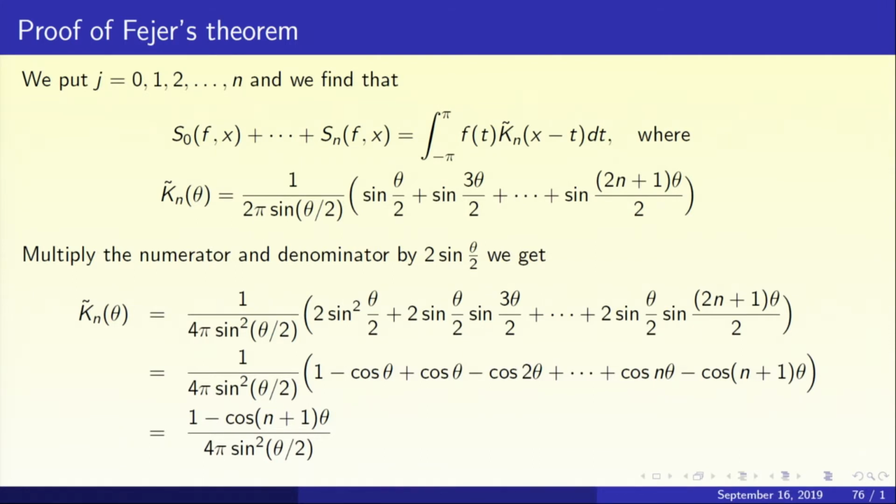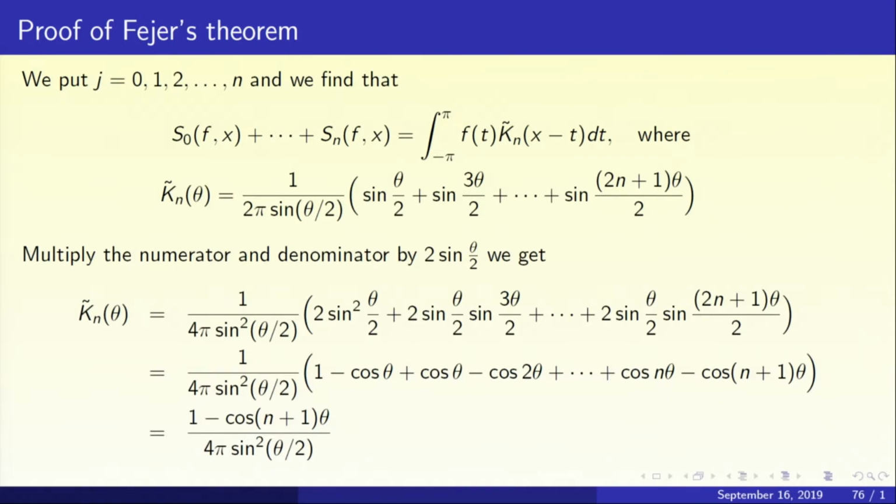So now let us multiply the numerator and denominator by 2 sine theta by 2. What do we get? Kn tilde equals 1 upon 4 pi sine squared theta by 2 into big bracket: 2 sine squared theta by 2 plus 2 sine theta by 2 sine 3 theta by 2 plus etc. plus 2 sine theta by 2 sine 2n plus 1 theta by 2.